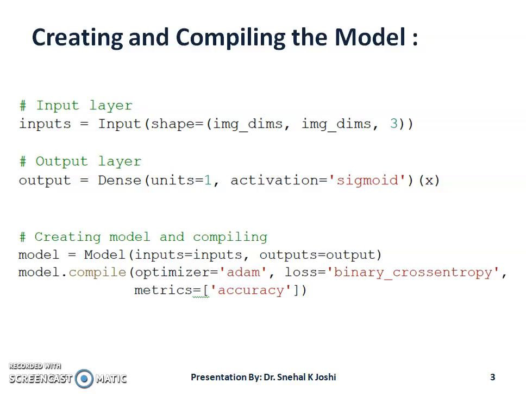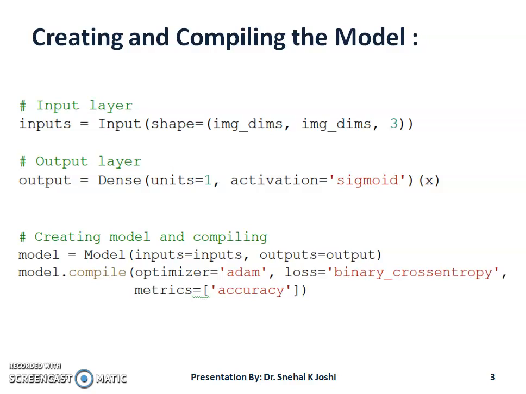The third argument in the compile function is metrics. A metric is a function that is used to judge the performance of a model. Metric functions are similar to loss functions, except that the results from evaluating a metric are not used when training the model.